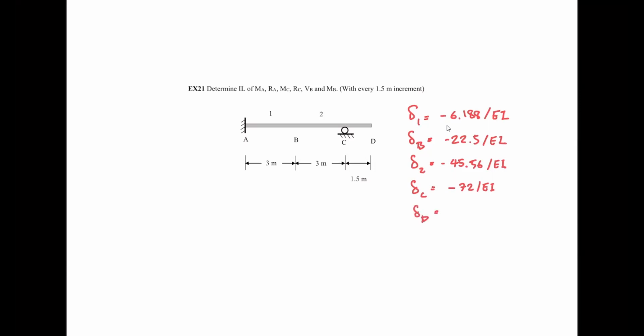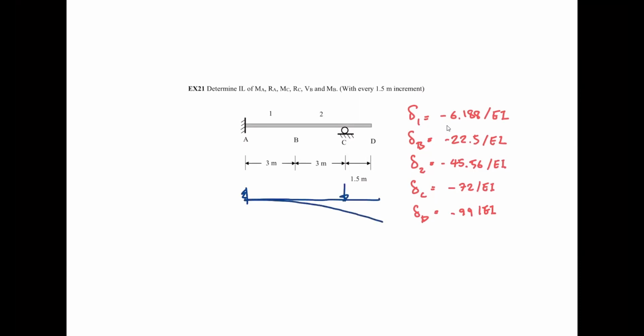Is minus 99 over EI. So similarly, say if this is the given information about this, okay. This is the information.